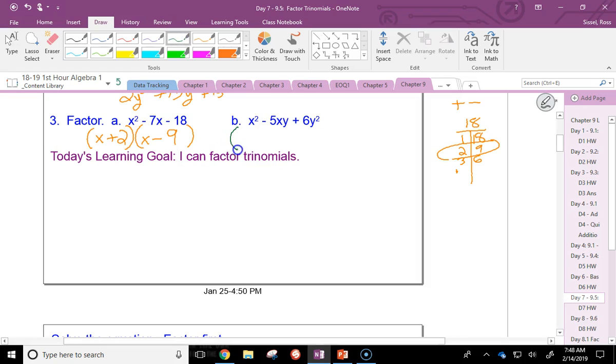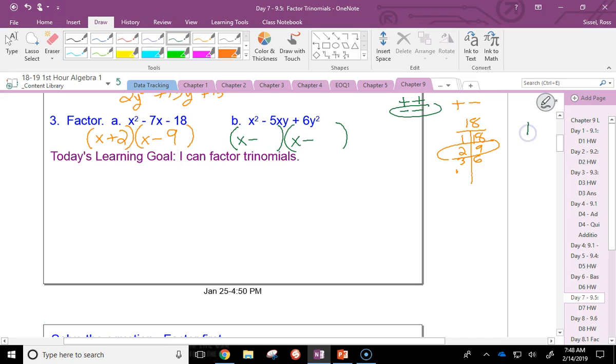We did the same thing on b. We'd have x and x. But on this one, we have a positive for c. So that means we're either going to multiply 2 positives or 2 negatives. We find out which one by looking at b. b is a negative, so I'm going to be using subtraction there.